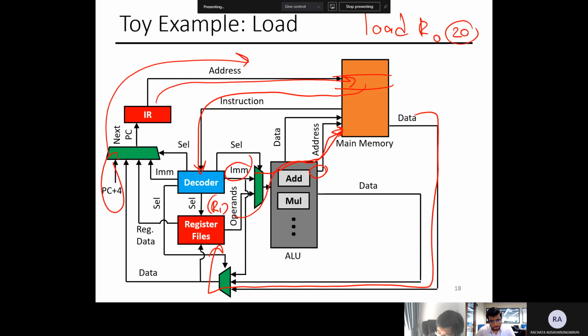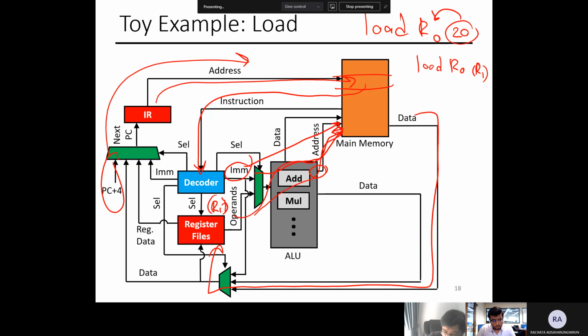It means I'm going to go to address 20 and put that value into R0. So that would be an immediate, jumping directly to the address. But if I have something like load R0 and then the address where R1 is pointing, then in this case I'm going to get the value of R1.